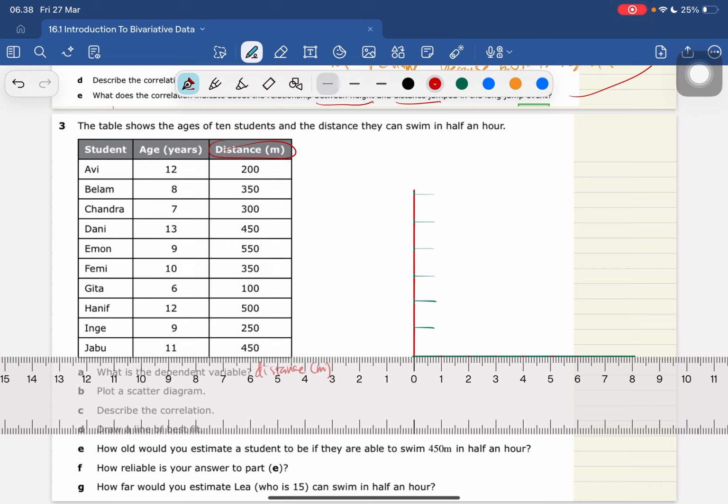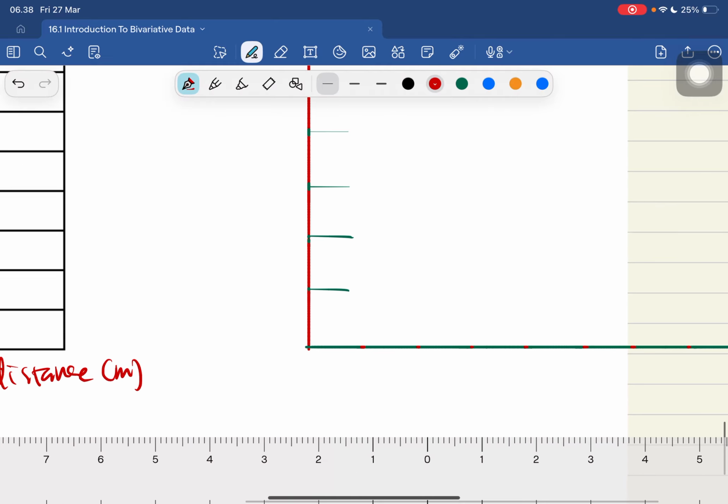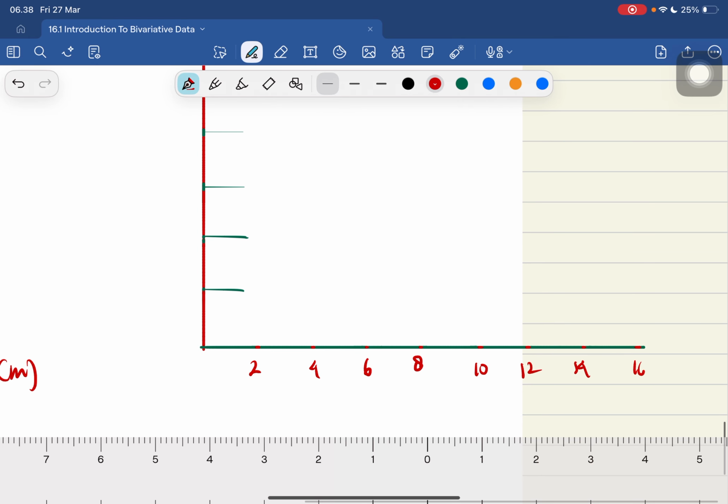Here the red color. Okay, so started with 2, and then 4, 6, 8, 10, 12, 14, and 16.